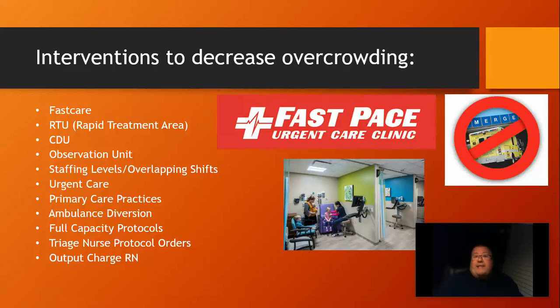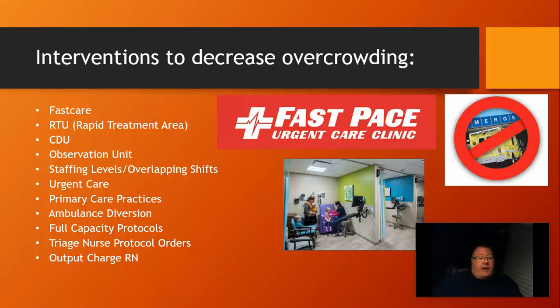Full capacity protocols are protocols that are implemented more when the inpatient side is having difficulty, where they're at full capacity with beds and they need to get patients discharged and open up beds that are typically not open. Triage nurse protocols.